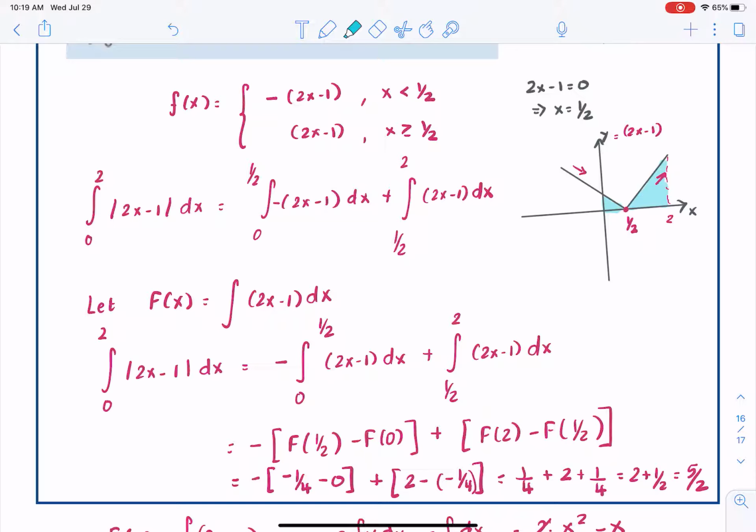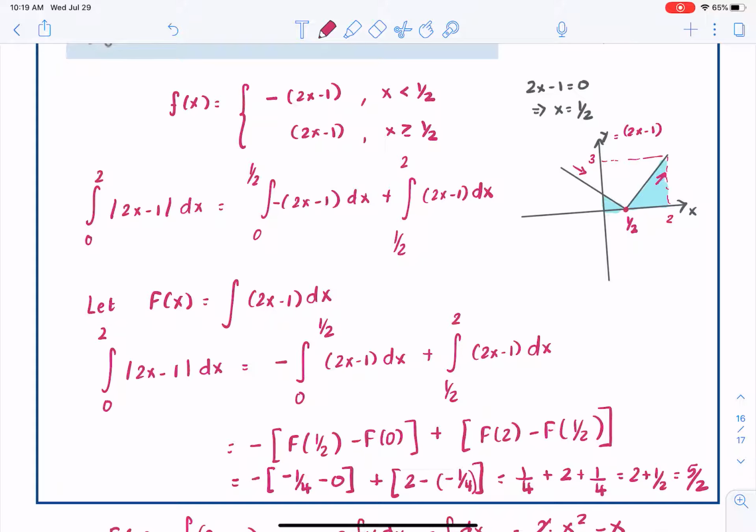And if you find that area, it would equal 5 over 2. So when we have 2, that would end up being 3.